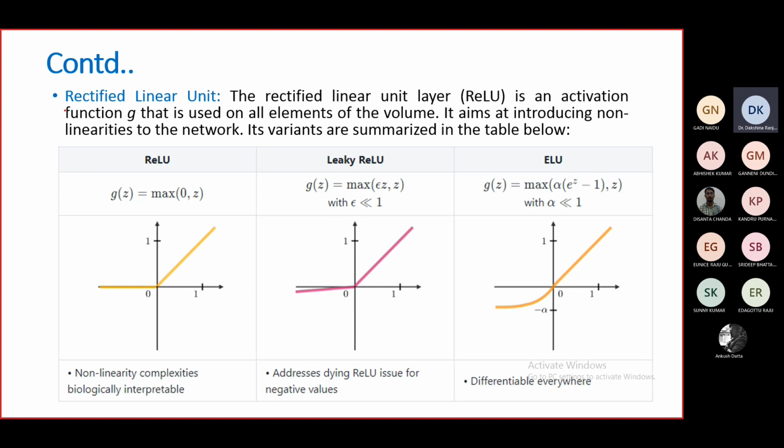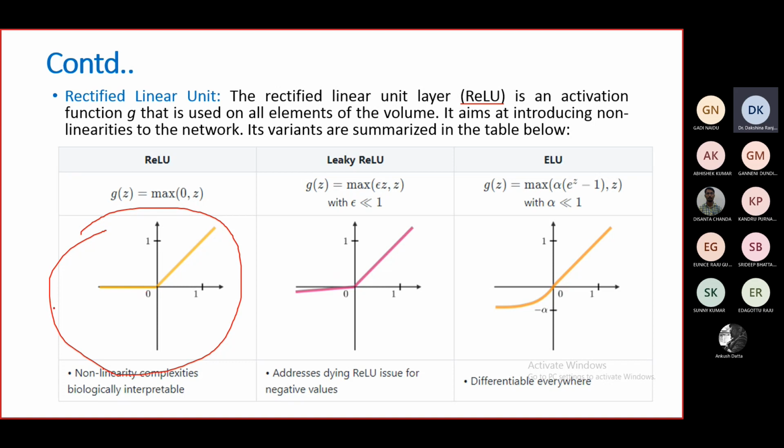The next activation function is the rectified linear unit, or in short, the ReLU activation function. If we see the shape of the ReLU activation function, the range of this activation function is 0 to infinity. Okay, so this is another nonlinear activation function. Now what happens here?